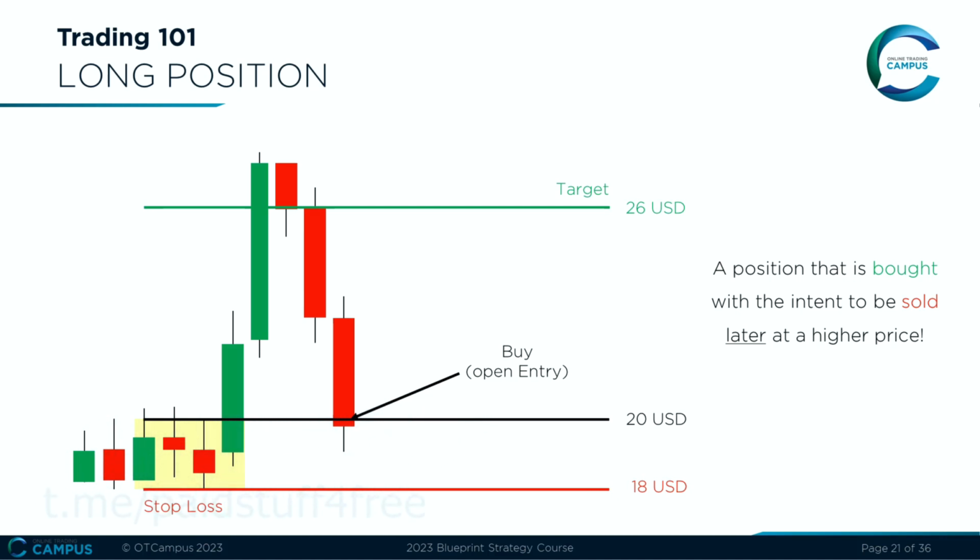And as we move out, and as we cross the target, again, our open trades, they're now closed at the target price of 26, or 20 to 26, $6 versus $2 of risk.